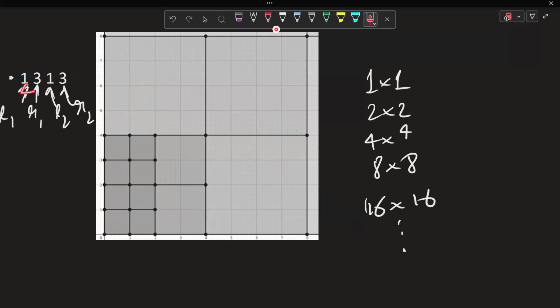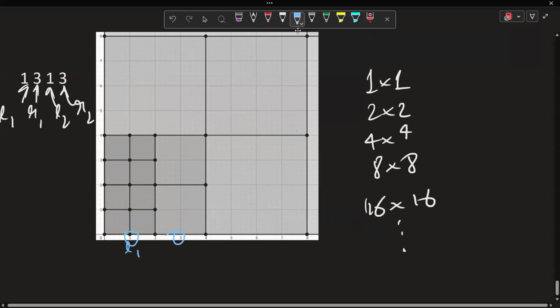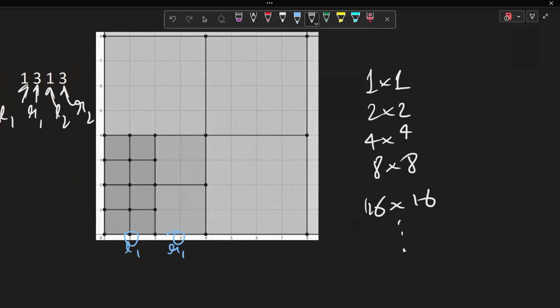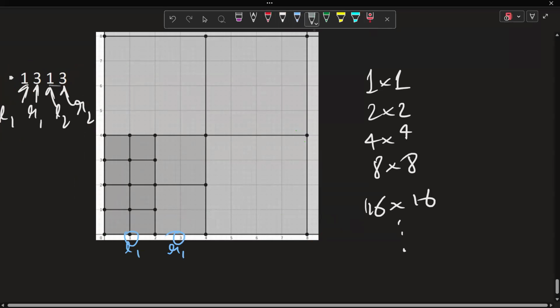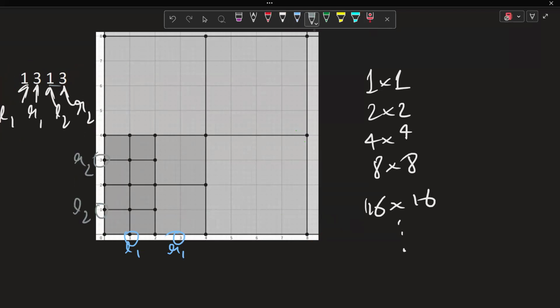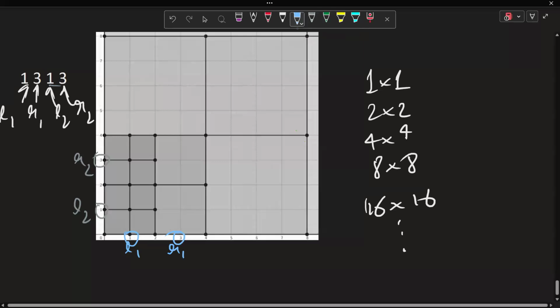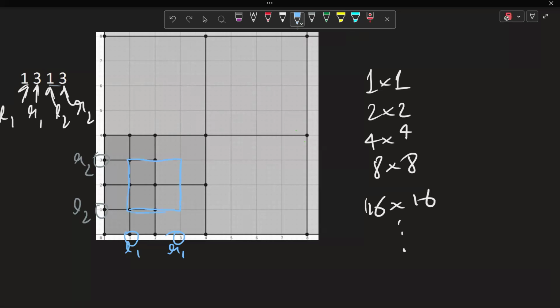From 1 to 3 is the range of X. So this is L1, this is R1, and the range of Y is also 1 to 3. So this is L2, this is R2. So it represents this square from L1 to R1 and L2 to R2. Okay, this square.